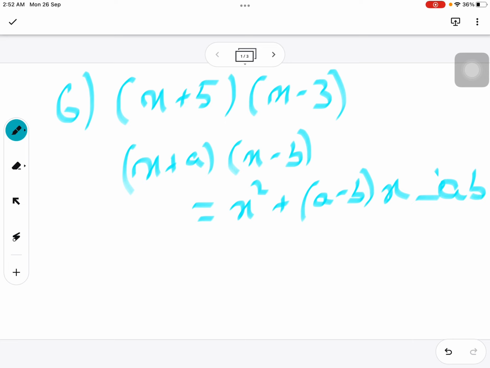Okay, this formula you can directly apply. This becomes x square plus 5 minus 3. Don't write 5 minus of minus 3. Never do that. 5 minus 3, that is 2x minus 15. Okay, this is another formula.